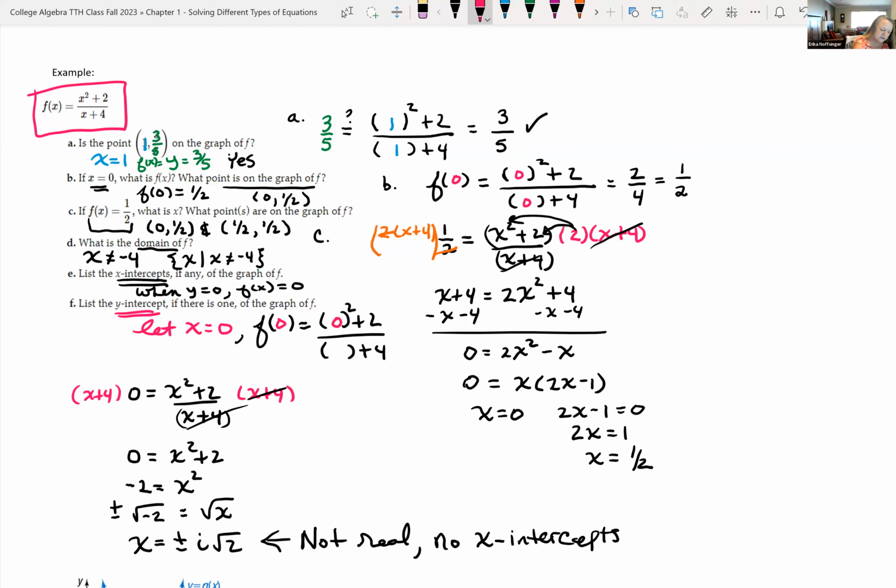So we get 0 squared plus 2 all over 0 plus 4, which we saw was 2 over 4, which is 1/2. So our y-intercept, when x is 0, our y value is 1/2.